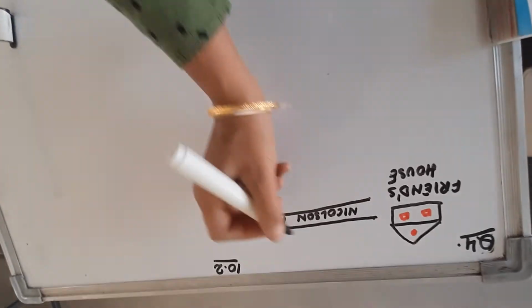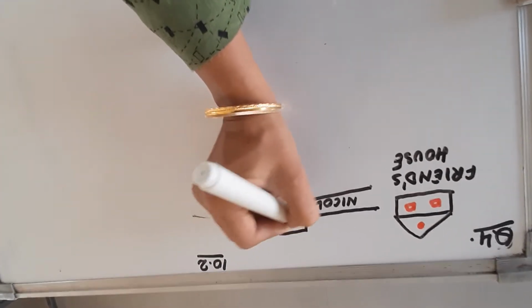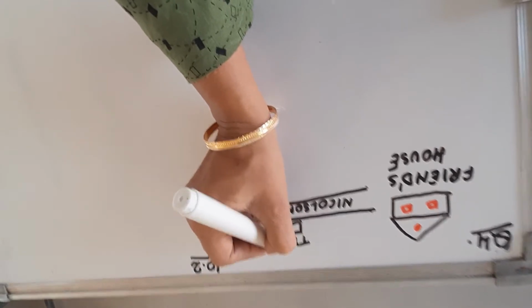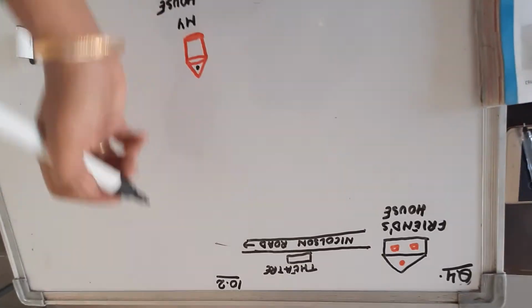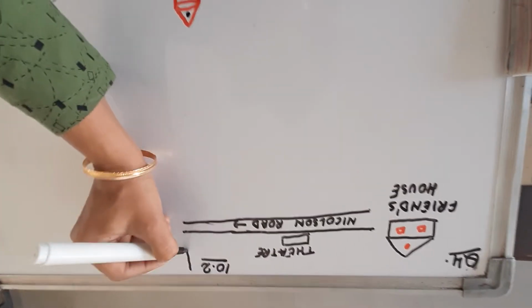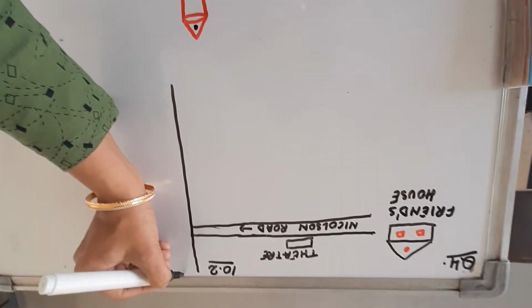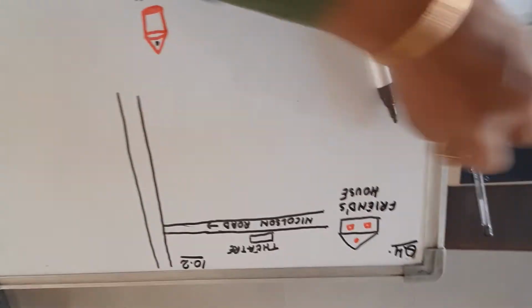Here is the theater, let us make the theater. Theater, she enters on this is the map, this is the roundabout. Let us make a roundabout.